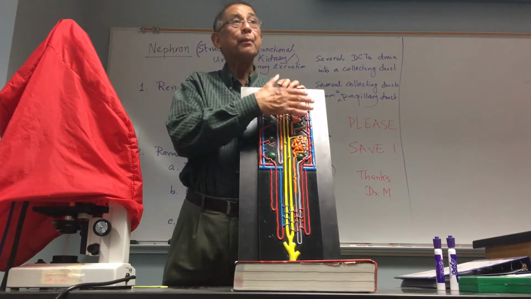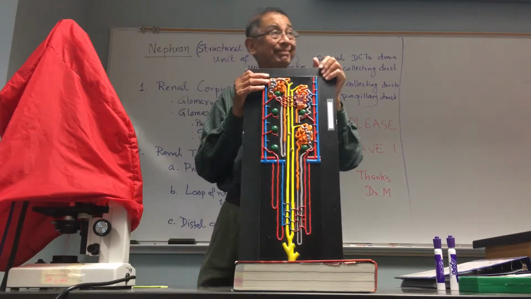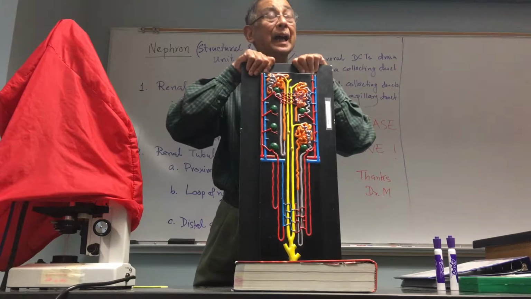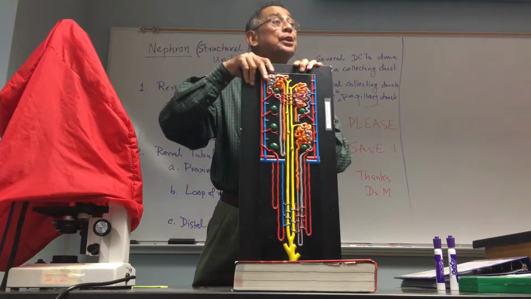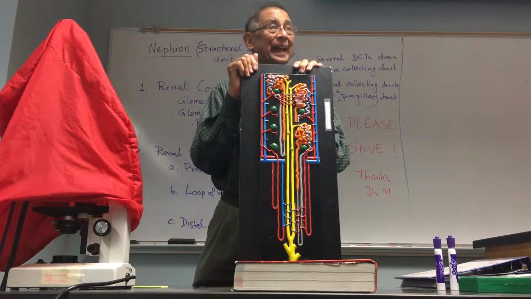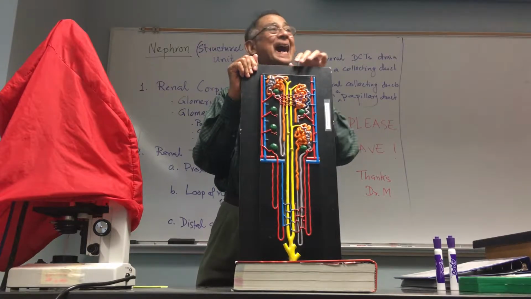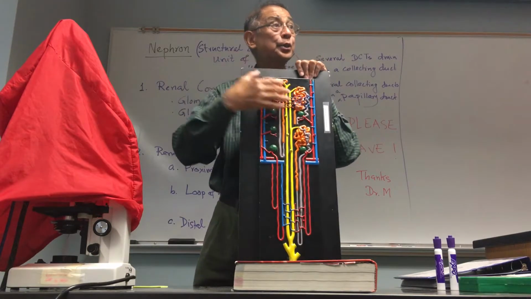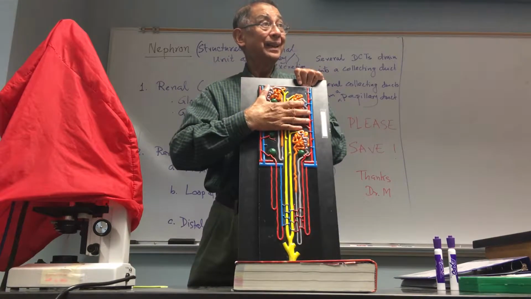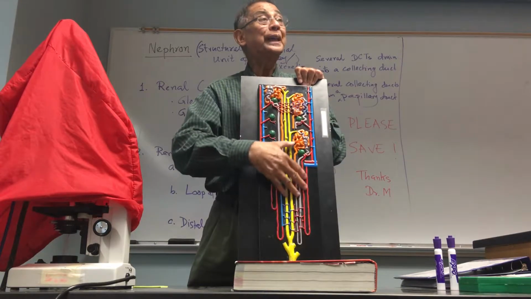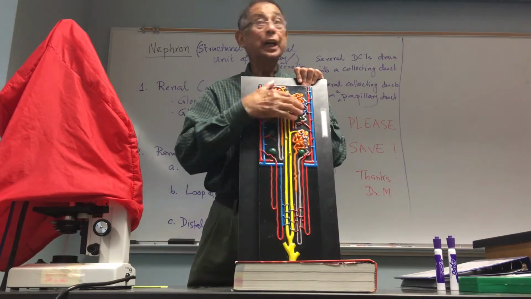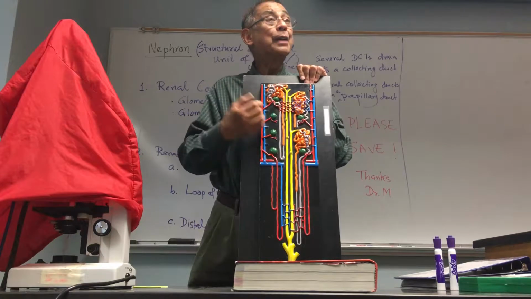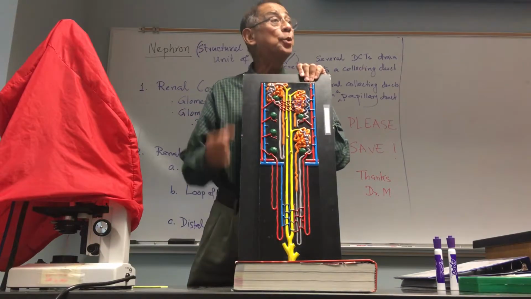These capillaries are meant for absorption because of the amount of filtrate that is produced, about 99% of the filtrate will be absorbed into the kidney tubules and 1% will be excreted as urine.